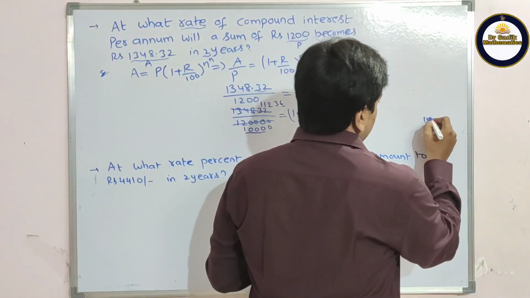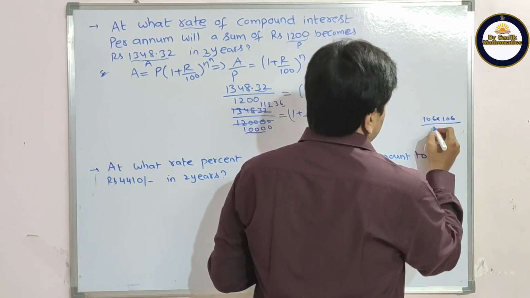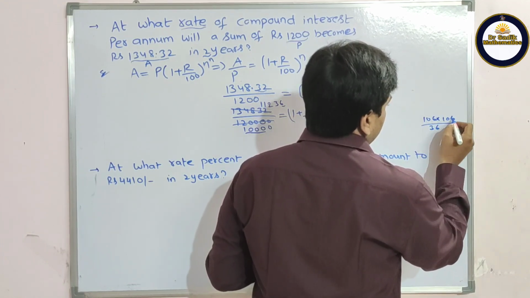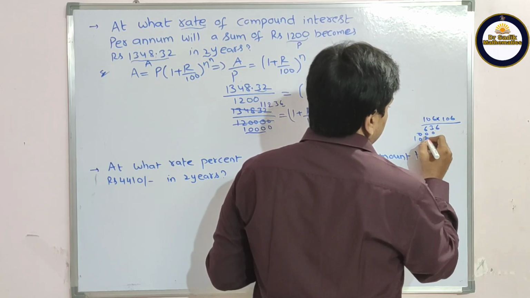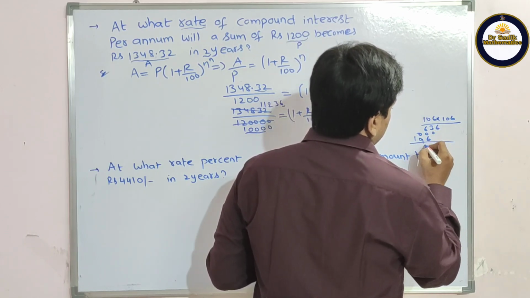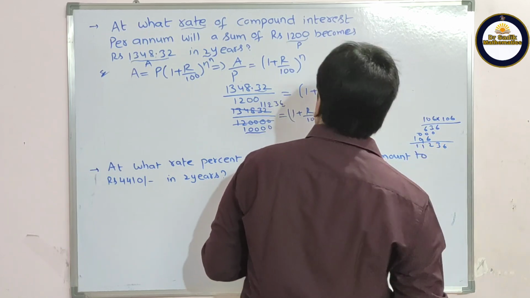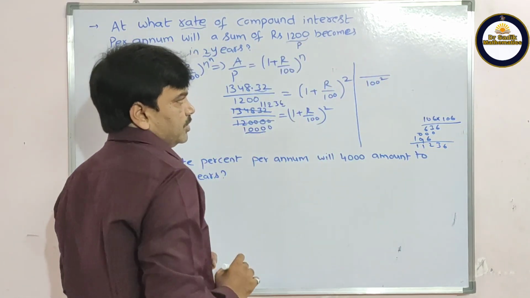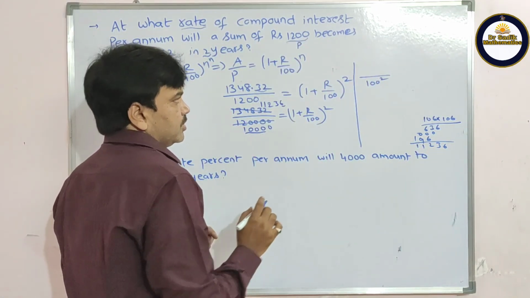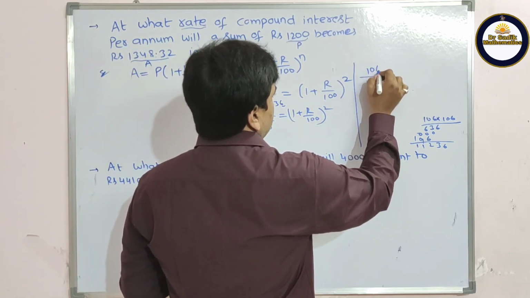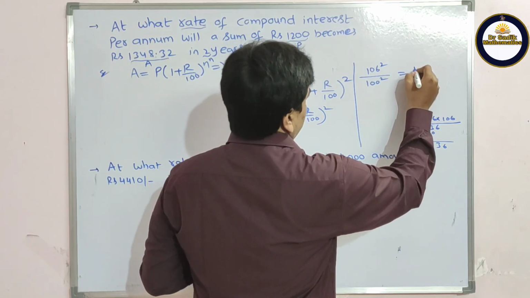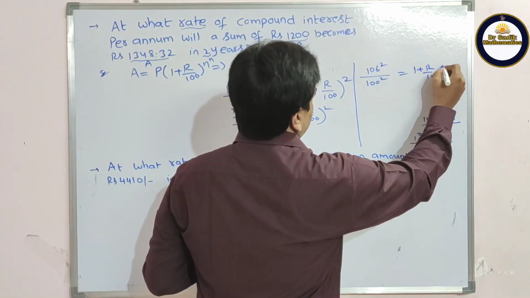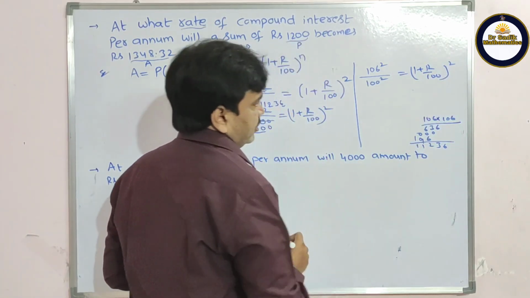So 106 into 106, I check here, 6 6s are 36, 6 ones are 6, we get 11236. That means I can write here 106 square, so that is equal to (1 plus r by 100) whole square.